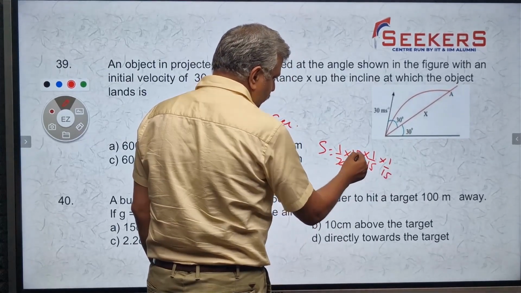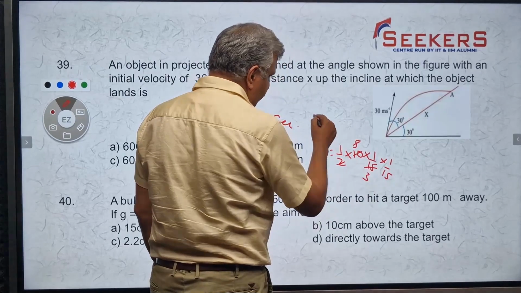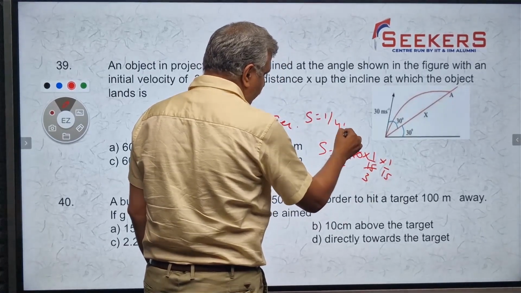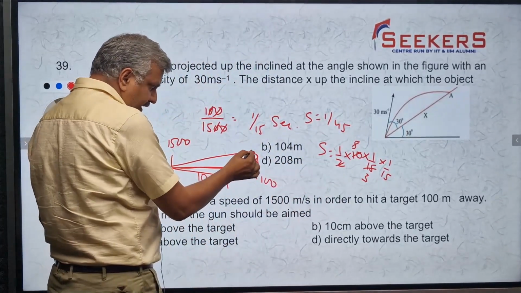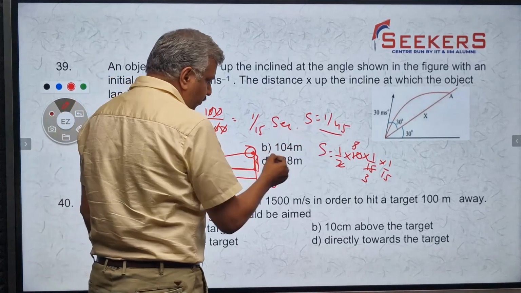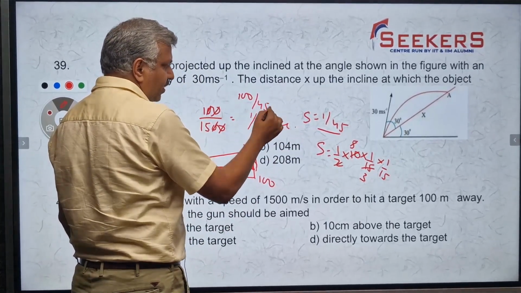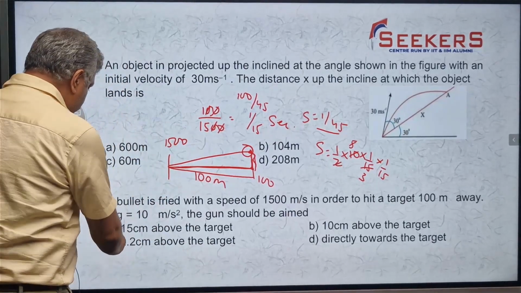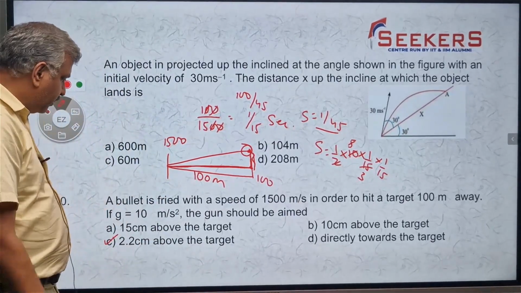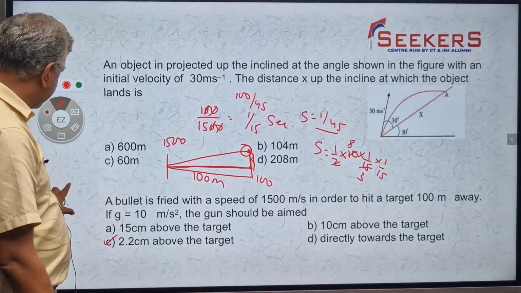So 2 will go into 10, 5 goes into 15 three times. So S is equal to 1 by 45 meters. So he should target at a point which is 1 by 45 meters above. 1 by 45 meters means 100 by 45 centimeters, which works out to be 2.2 centimeters. So he should aim 2.2 centimeters above the target.